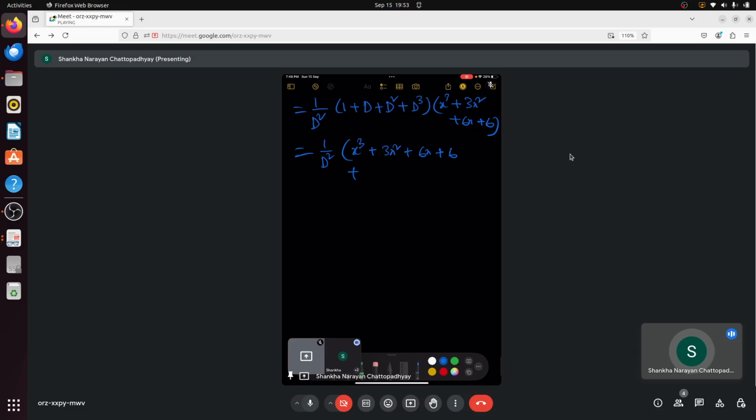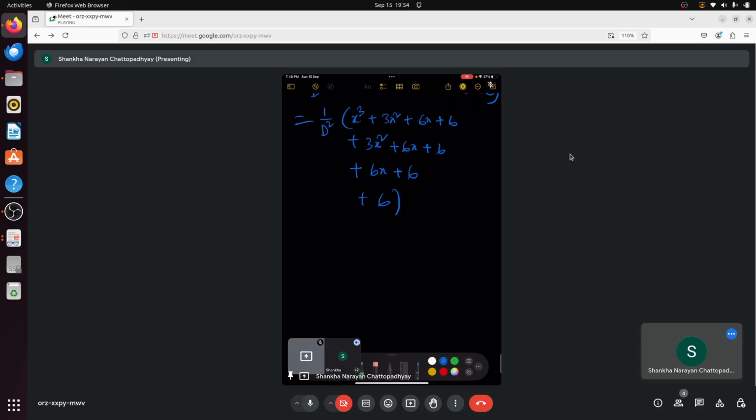If you apply d, you will get 3x square plus 6x plus 6. Now you apply d square. If you apply d square, you will get 6x plus 6. If you apply d cube, you will get only 6. So now you have to add them all.